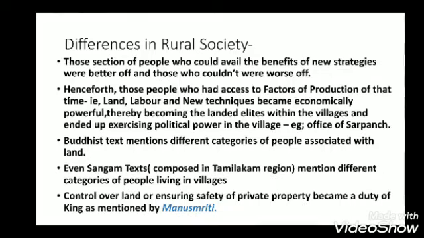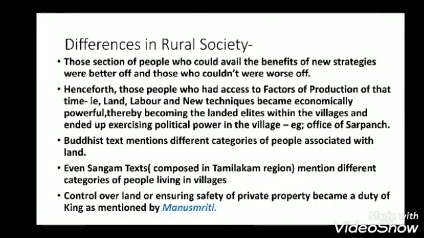On the lowest rung, you have the agricultural laborers. Then you have peasants, who had their own land. And finally, you had large landholders. The second and the third, these people are designated as grihapati. Grihapati means owner of the household.